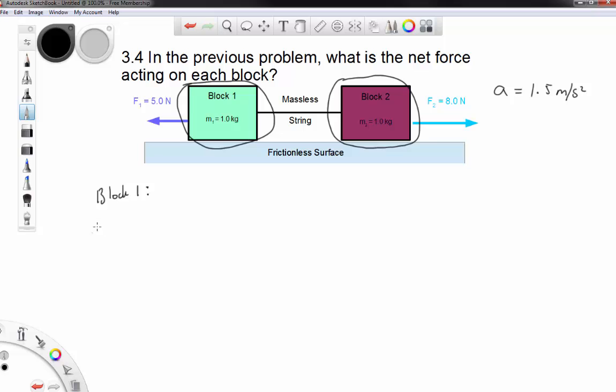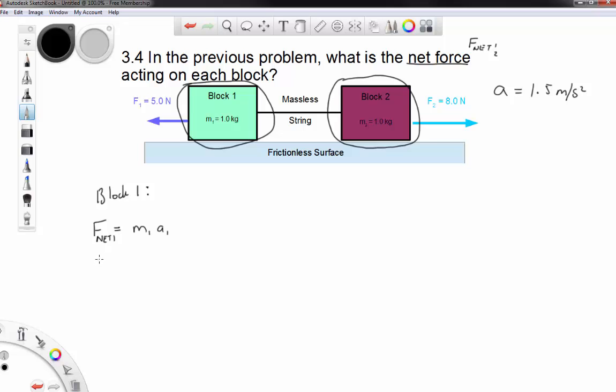So for block number 1, we would have net force on 1 is equal to mass of 1 times acceleration of 1. So let's call this F net 1 for net 1. And basically we're solving for this because we're looking for the net force on each block.